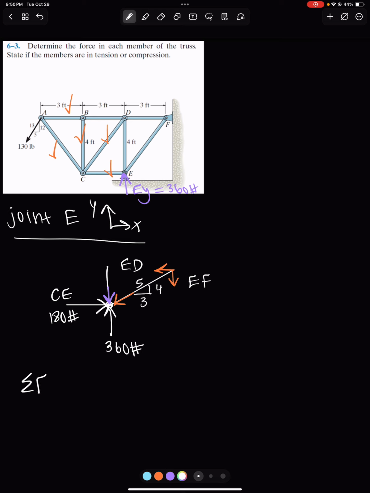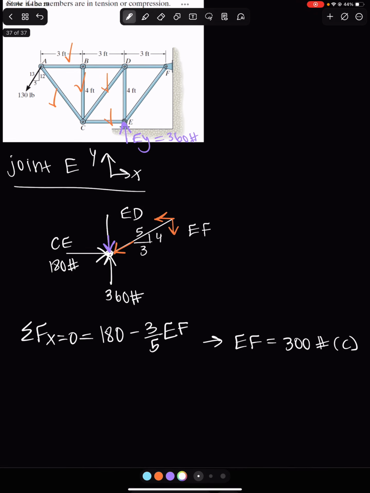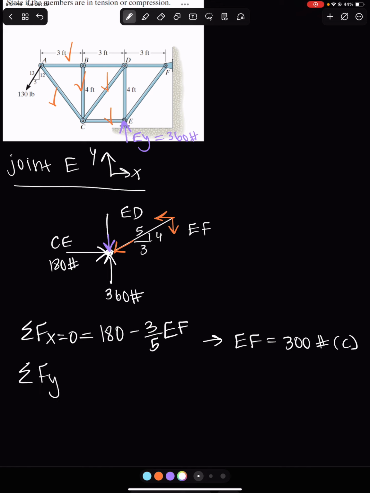Doing our equations of equilibrium yet again, we have in the x, 180 minus the x component of EF. This tells you that EF equals 300 pounds, and it's pushing on the joint, so it's compressive. Now the sum of the forces in the y equals 0 equals positive 360, minus ED in the negative y direction.